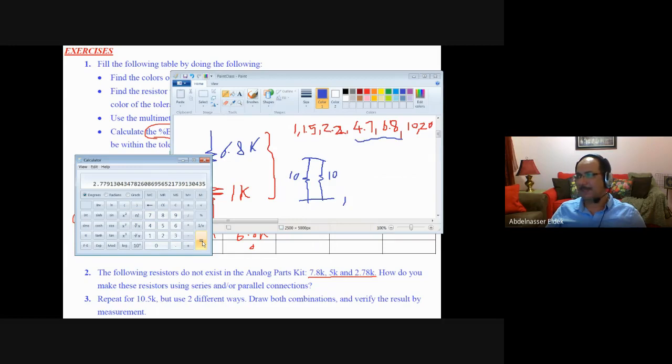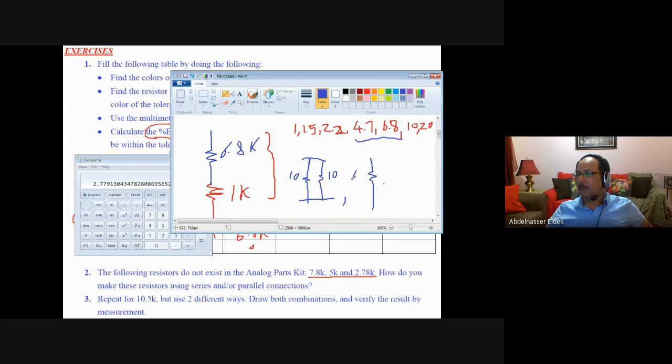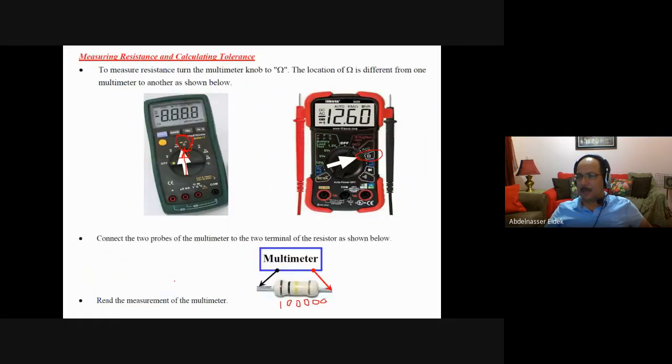It is 2.78, almost. So you can make this 2.78 by having 6.8 and 4.7 in parallel. Okay, so this is the total, the 2.78 resistor. So this is the answer of this.